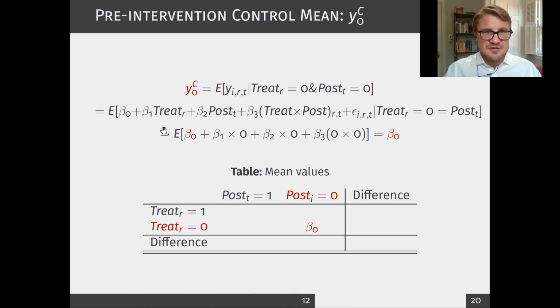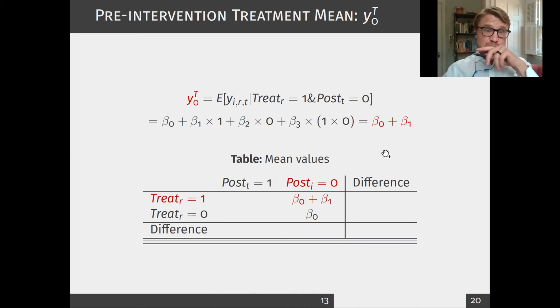We have beta 0 plus beta 1 times 0 because we're in the control group, plus beta 2 times 0 because we're in the pre-intervention period, plus beta 3 times 0. So when we look at the average in the pre-intervention period for the control group, because both treat and post are equal to 0, the only thing remaining is beta 0, and beta 0 is the mean in the control in the pre-period. Let's move on.